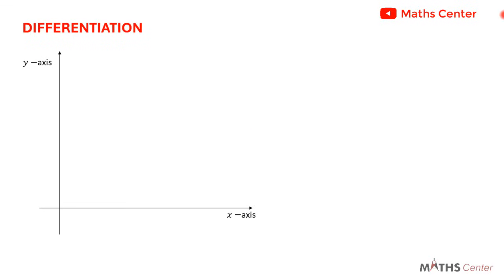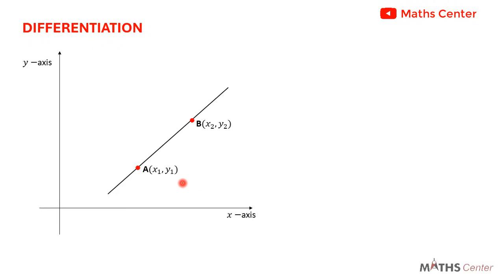The idea of differentiation is based on gradient. In the lesson on straight lines, we learned how to find the gradient of a line. Let's say this is our xy plane and we have a straight line in the plane. Let's say that we have 2 points, point A with coordinates x1, y1, and point B with coordinates x2, y2.